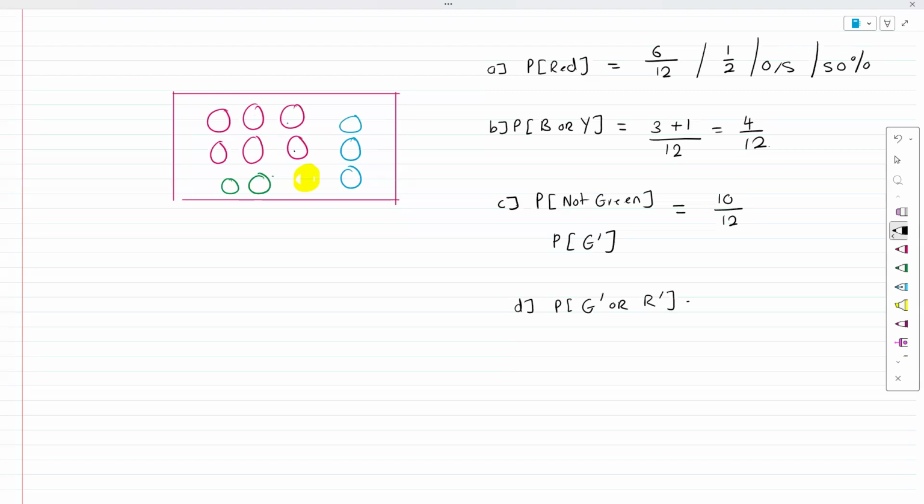Not green or not red. It means remove green or red. So when I remove green and red, it's technically the probability of yellow and blue. So we need to be able to look at probability in that way and understand it. So we know it's 3 plus 1 over 12, which is 4 over 12.